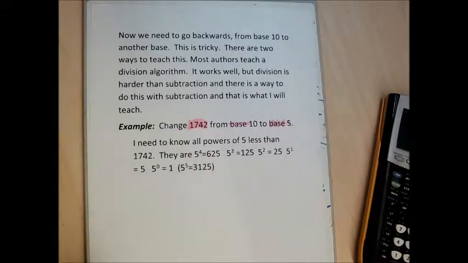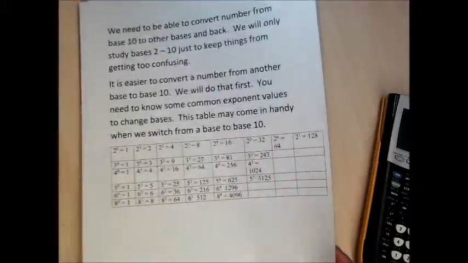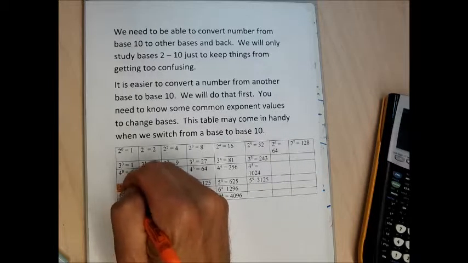The first thing I need to do is know every power of 5 that's less than 1,742. I have a sheet that I made up for myself, and I'm going to look at the powers of 5 on this sheet. I see 5 to the 0 is 1.